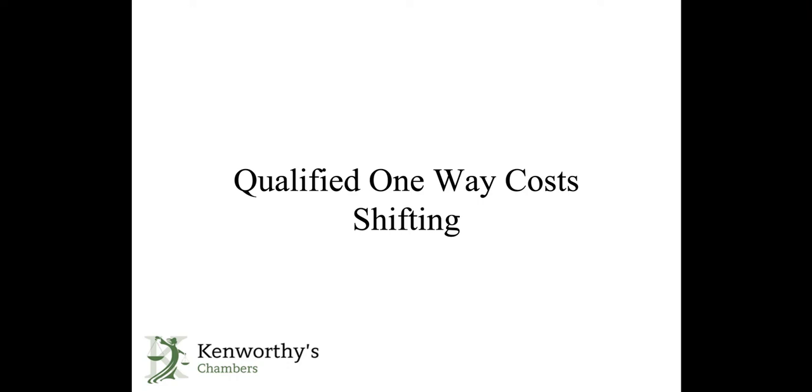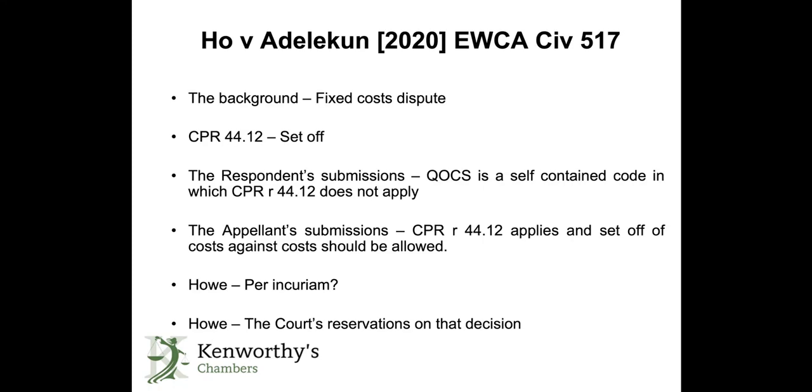Of course, things are not always as simple as that simple principle, as we find out from the case of Ho and Adelaken. Now, I probably could refer to this as Ho and Adelaken Part 2, because many of you will be familiar with the first decision in Ho and Adelaken, which was a significant decision last year dealing with fixed costs disputes.